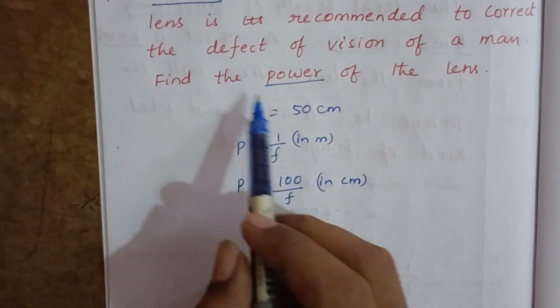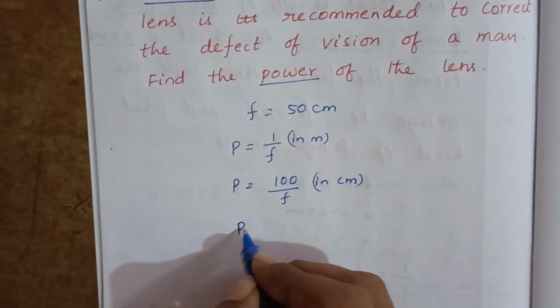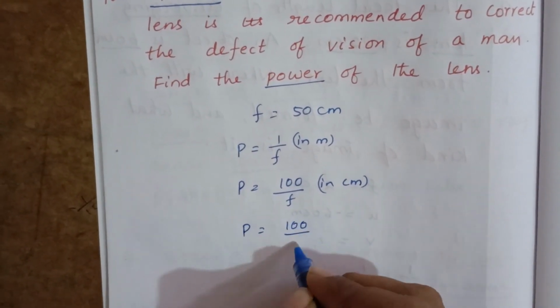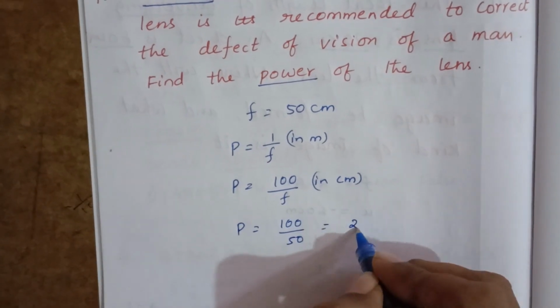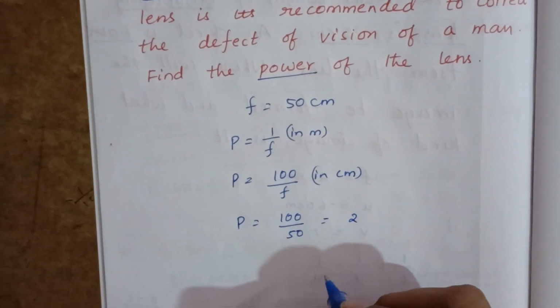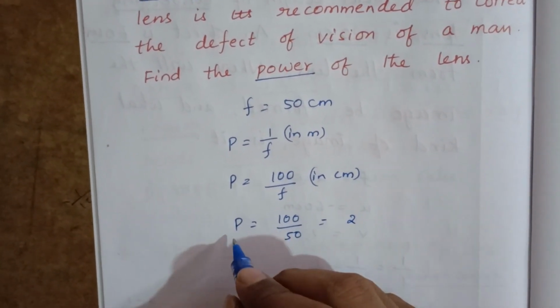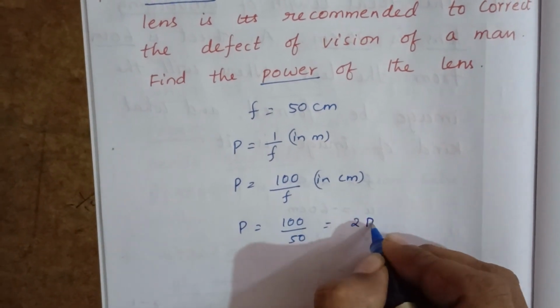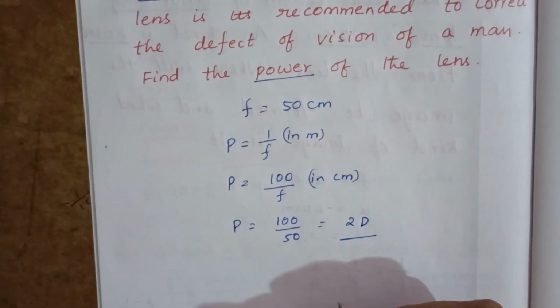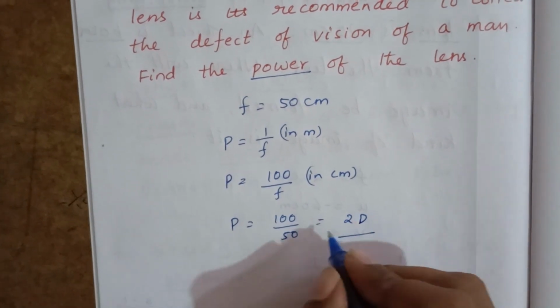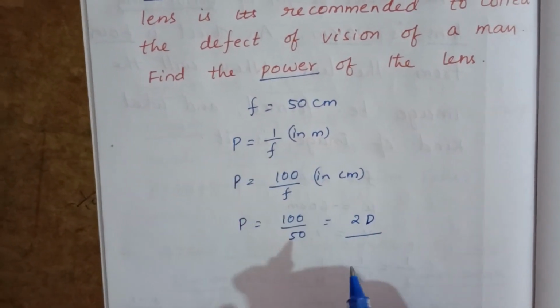Now they gave 50 centimeters, no? So power equal to 100 by 50, that equals 2. What is the unit of power? Diopter, D. 2D lens. 2D is the power of the lens.